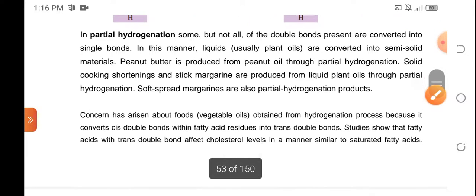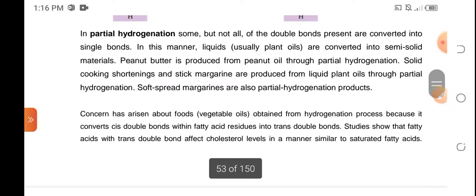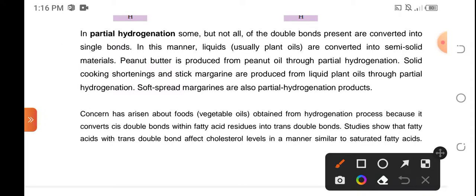Okay? Now, we also have the reaction called as partial hydrogenation, wherein some, not all, of the double bond present are converted into single bond. With this, the liquid, usually in plant oils, are converted into semi-solid material. Okay.